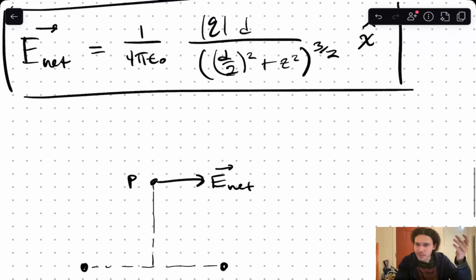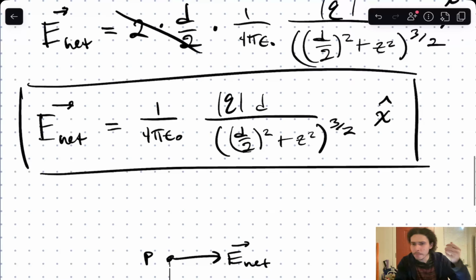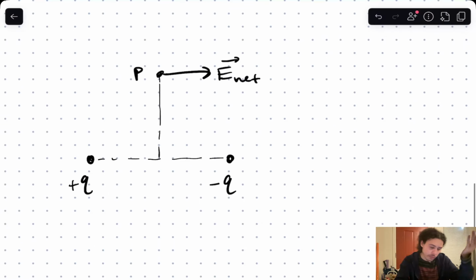But yeah, what does this equation mean? What does it mean? Well, of course, it means that the electric field is in the positive x direction.